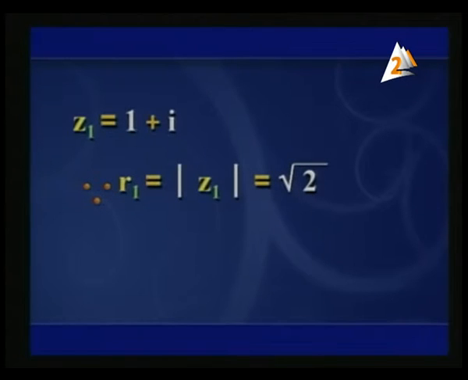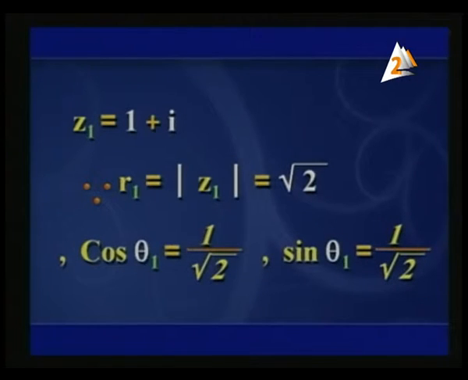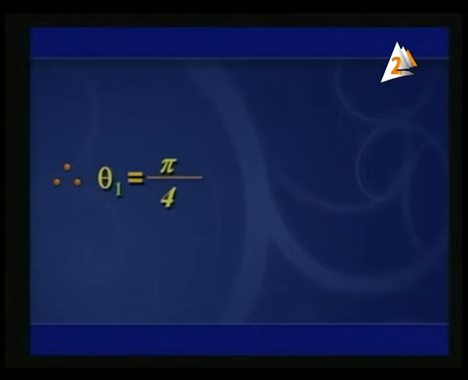Solution. z1 equals 1 plus i and r1 equals norm of z1 equals root 2, and cosine theta 1 equals 1 over root 2 and sine theta 1 equals 1 over root 2. Therefore, theta 1 equals pi over 4. Then z1 equals root 2 e power pi over 4 i.